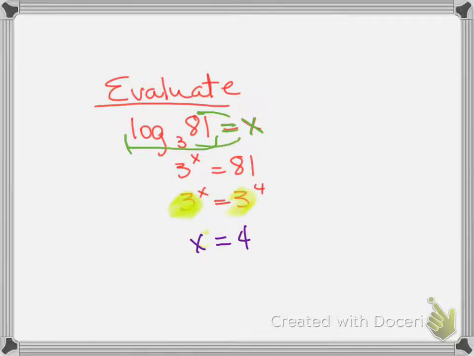If my bases are the same, it's much easier to solve. I can rewrite 3 to the x, and then I can write 81 as 3 to the 4th. Since my bases are the same, the exponents also have to be equal. So we find that x is equal to 4.